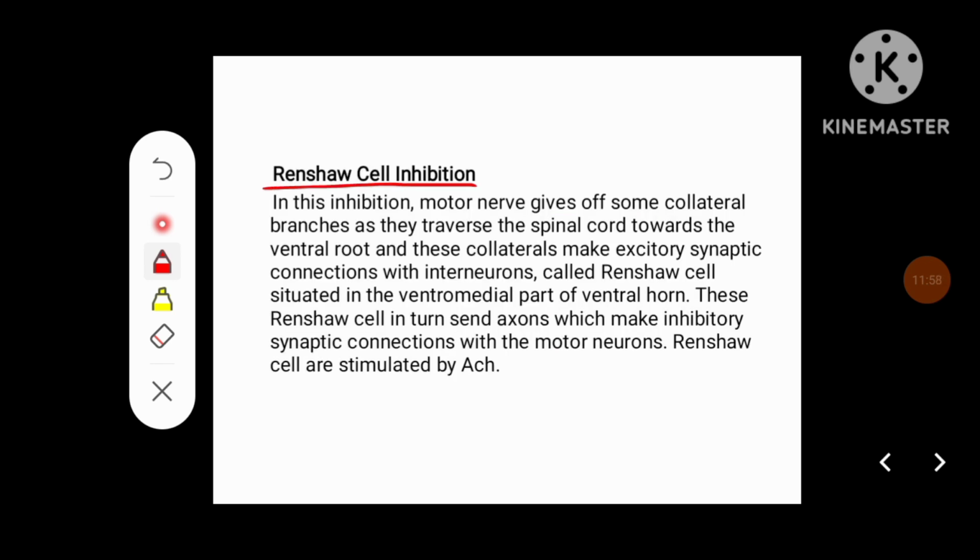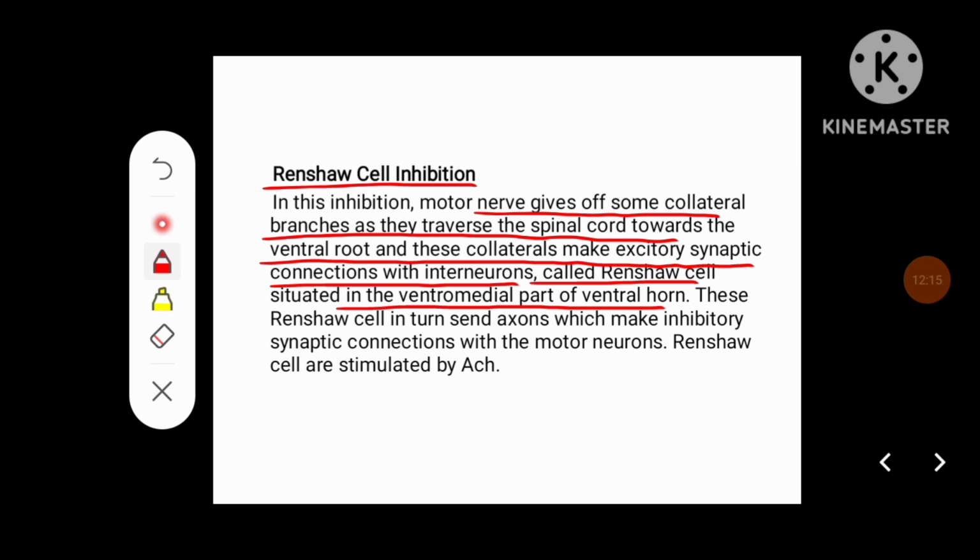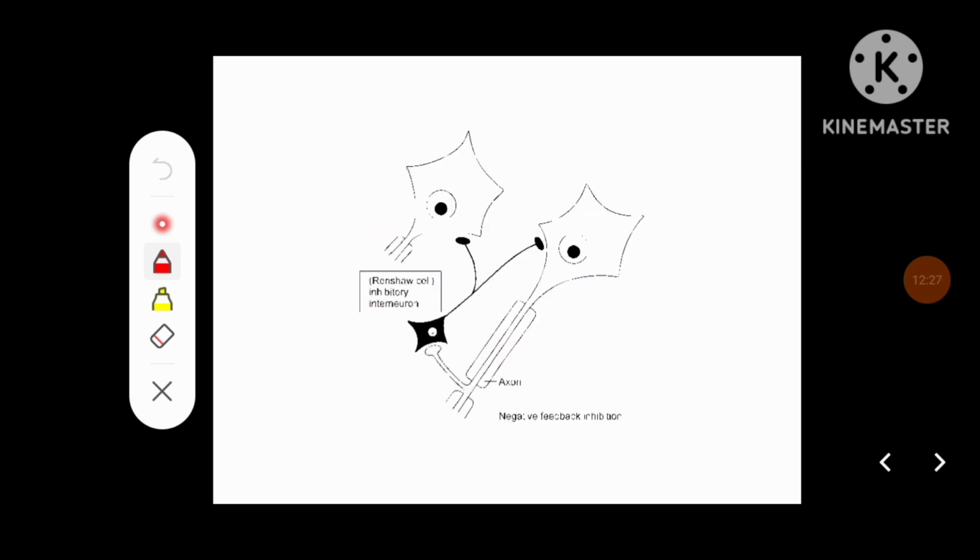Renshaw cell inhibition. In this condition, the motor nerve gives off some collateral branches as it traverses the spinal cord towards the ventral root, and these collaterals make excitatory synaptic connections with interneurons called Renshaw cells, situated in the ventromedial part of the ventral horn. These Renshaw cells in turn send axons which make inhibitory synaptic connections with the motor neurons, and Renshaw cells are stimulated by acetylcholine. This diagram shows Renshaw cell inhibition, where you can see the anterior motor neuron.